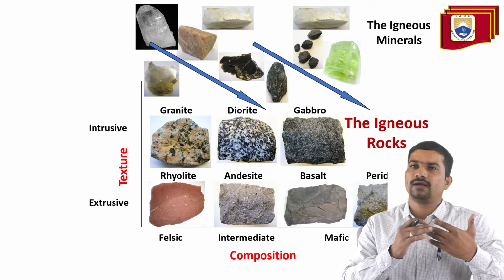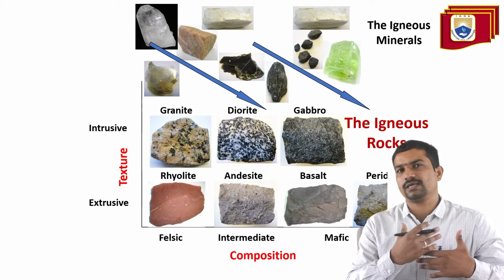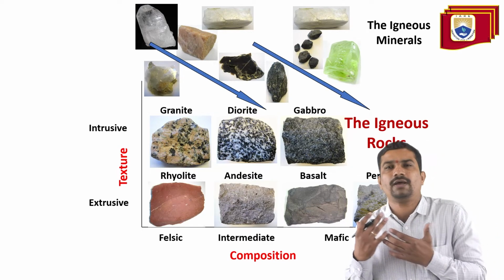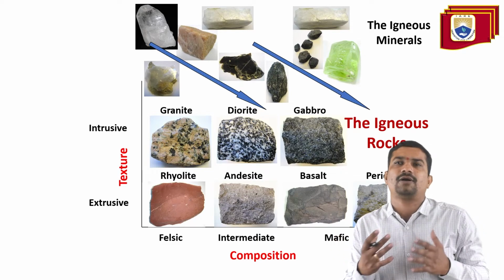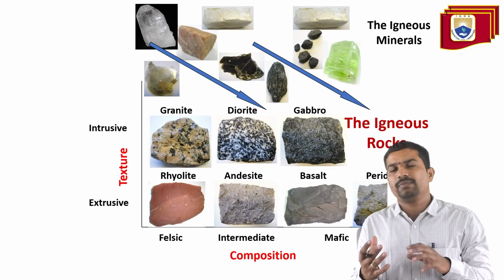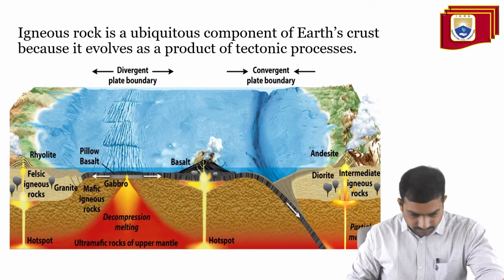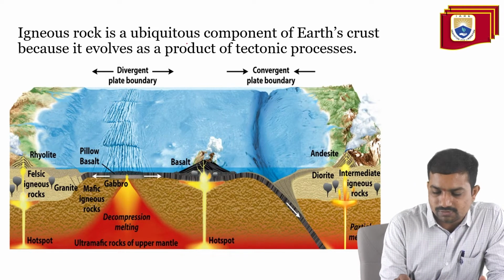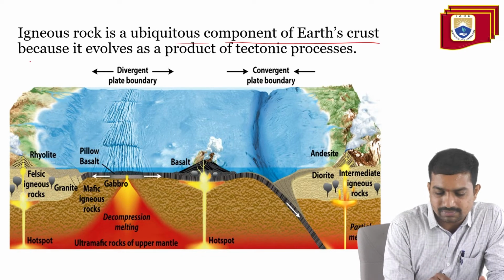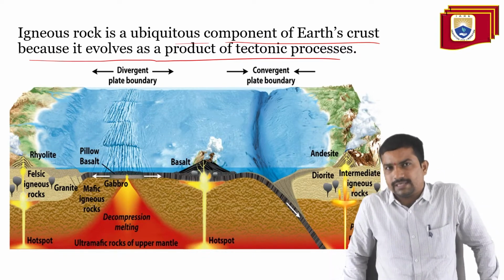Intrusive rock is an igneous rock of different behavior, and extrusive rock is an igneous rock of a different behavior. So application may be different, and the strength component may also vary between intrusive and extrusive rocks. Igneous rock is an unambiguous component of Earth crust because it evolves as a product of tectonic processes.